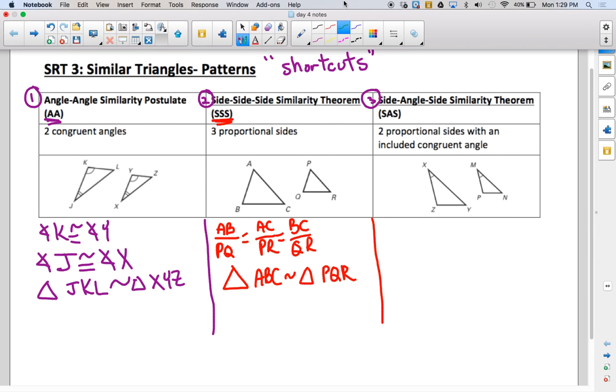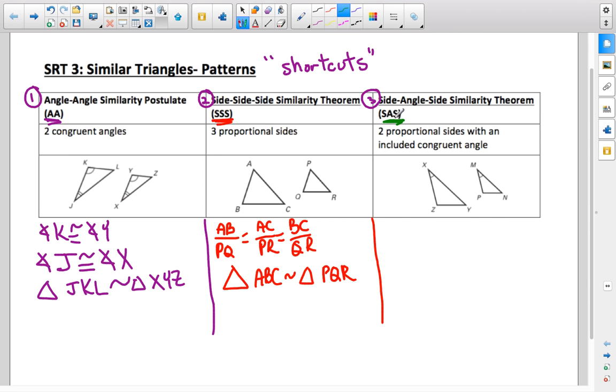And our third shortcut looks at two sides and the angle between them, the included angle. Okay, so we've got an angle at X and an angle at M, and they are congruent to each other, I can tell by the markings. What I have to know is that the side XZ over the side MP would equal the same fraction as XY over MN. So if XZ over MP will give me the same fraction as XY over MN, then I have two similar triangles.